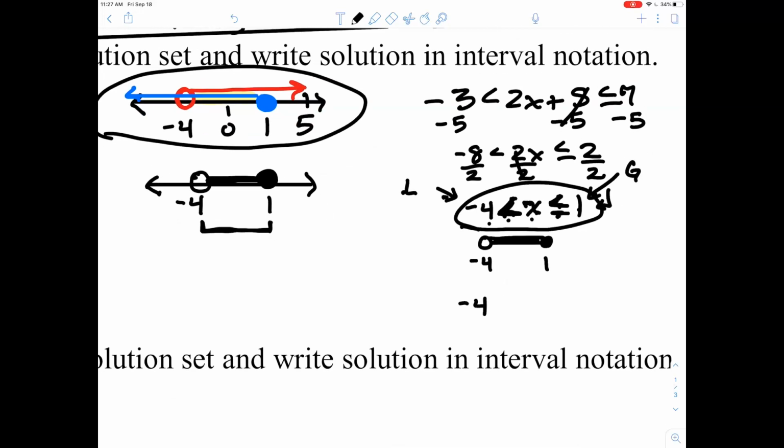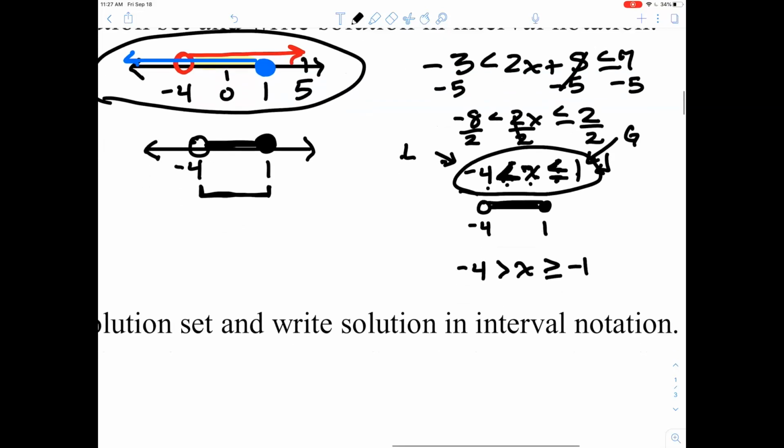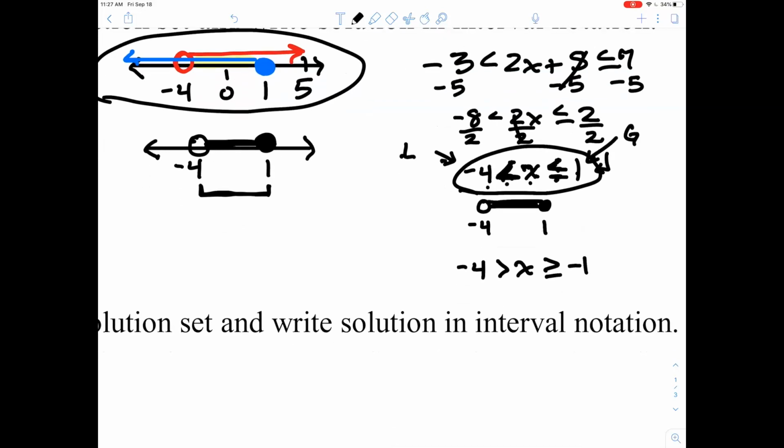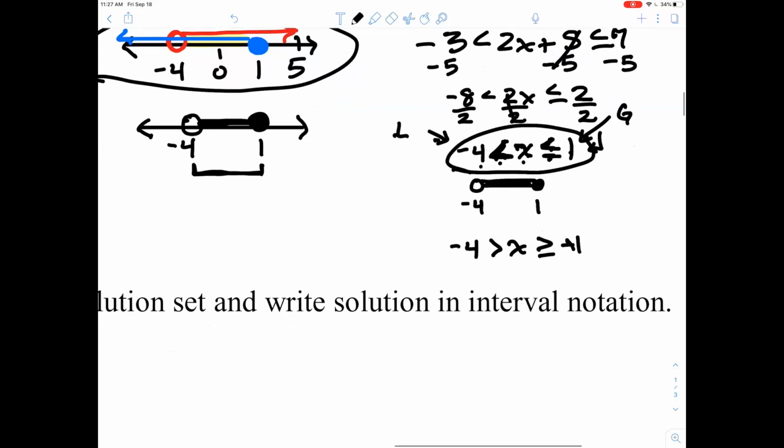This would be different if it said -4 is greater than x is greater than or equal to 1. Now that's a problem, because this says x is less than -4, which would go like this. X is less than -4, and x is greater than or equal to 1.